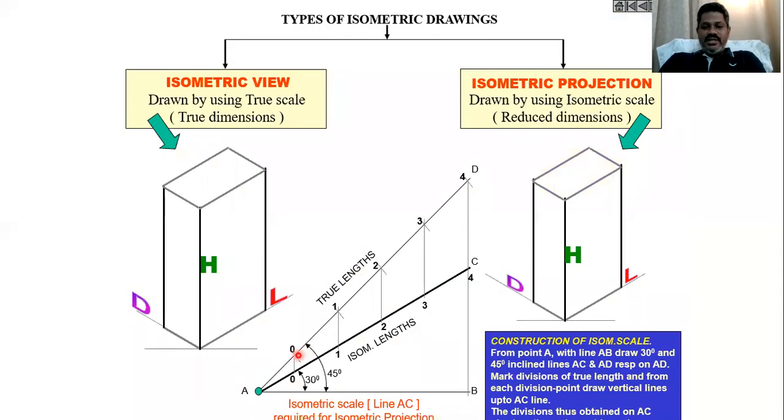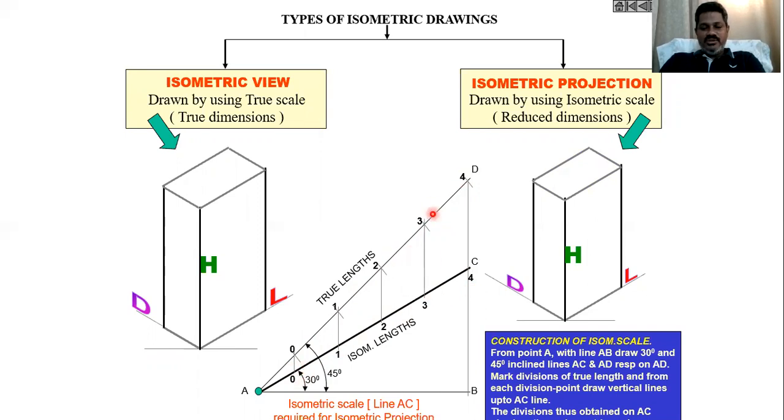So in this figure, you can see this is exactly the true length, which is divided into 5 equal divisions, and this will be the true length of a line OD at an angle of 45 degrees. Now the isometric length will be at an angle of 30 degrees.